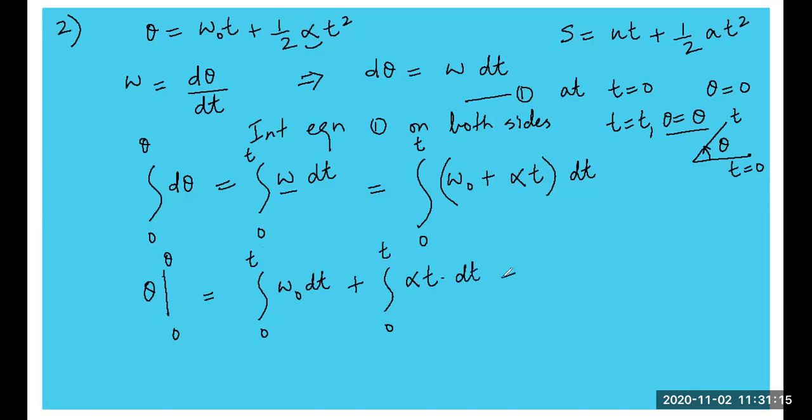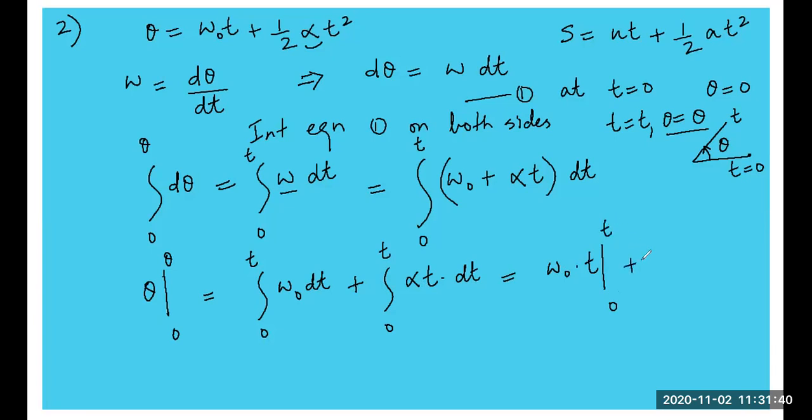Students, you know very well that alpha is constant, the angular acceleration, it can be taken out. And omega naught, students, is also constant, the initial velocity. So it will be omega naught into t, limit is 0 to t.